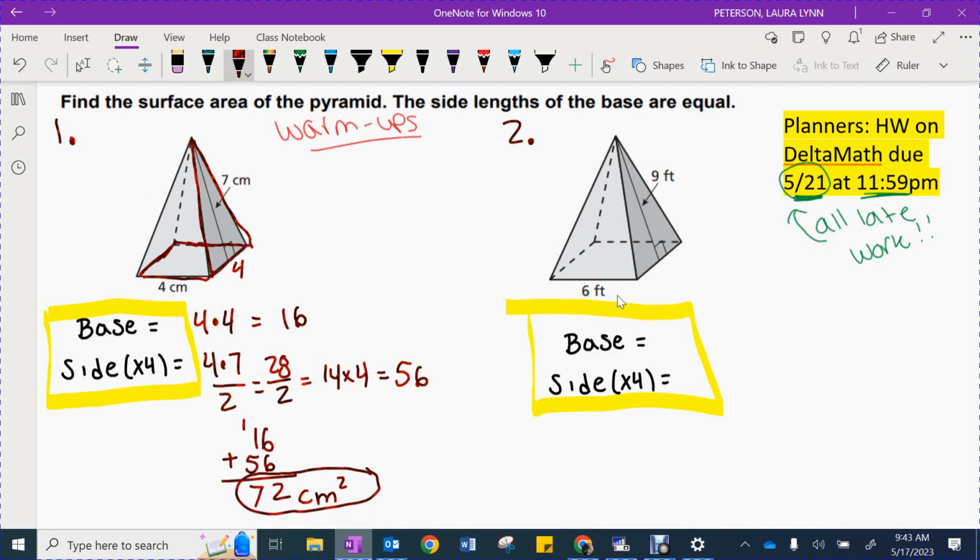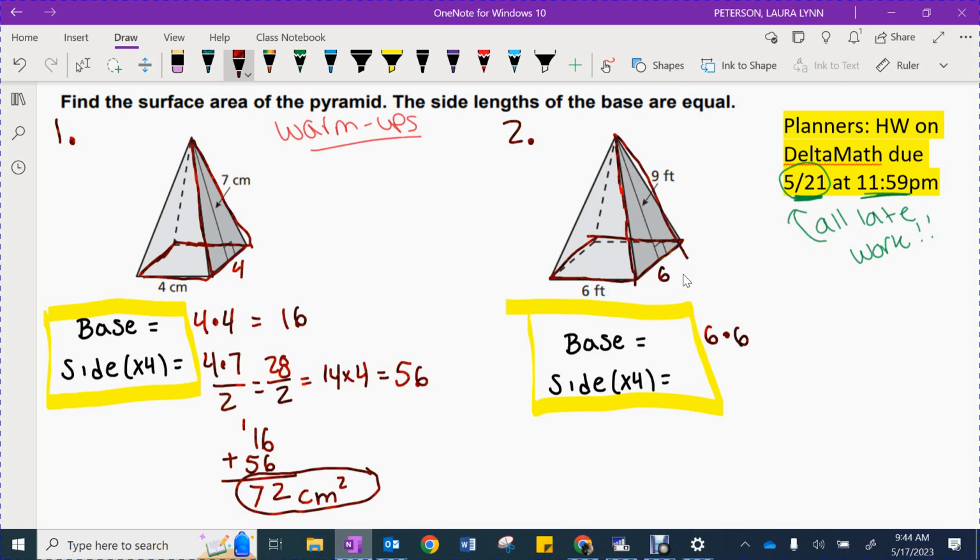Your second question, I'm going to set it up for you, but then you need to do your multiplication. So you'll pause the video in a moment. Our base, I'm going to outline the base. That means the bottom. It's a square. So we're going to do 6 times 6. Your side is a triangle. Oops, should have labeled that.